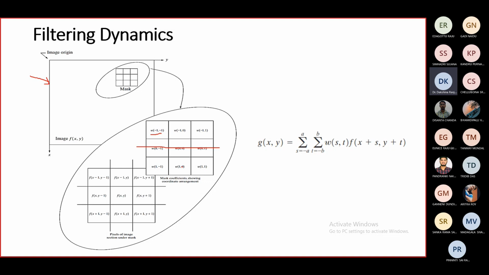So at the bottom, the x coordinate becomes positive. At the top, the x coordinate becomes negative. Similarly, if we go towards the left to the center of the filter, then we get the y coordinate to be negative, and on the right the y coordinate to be positive.